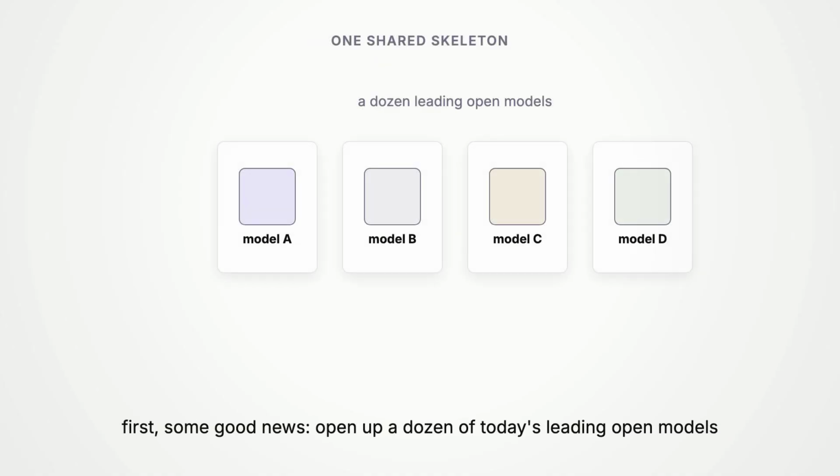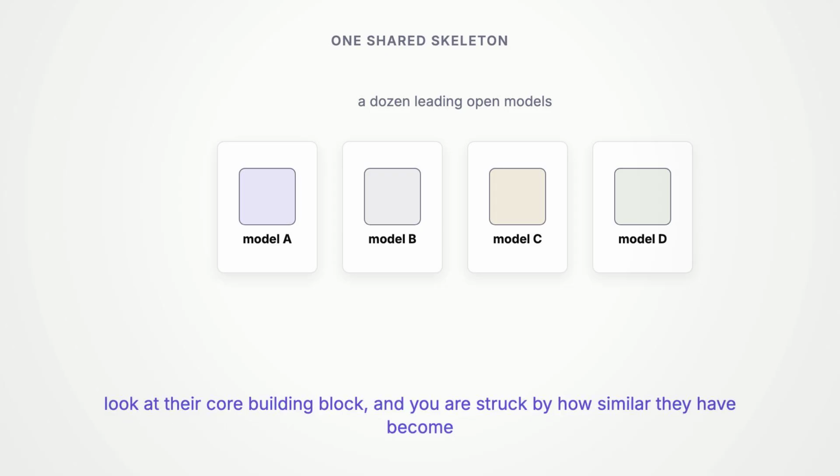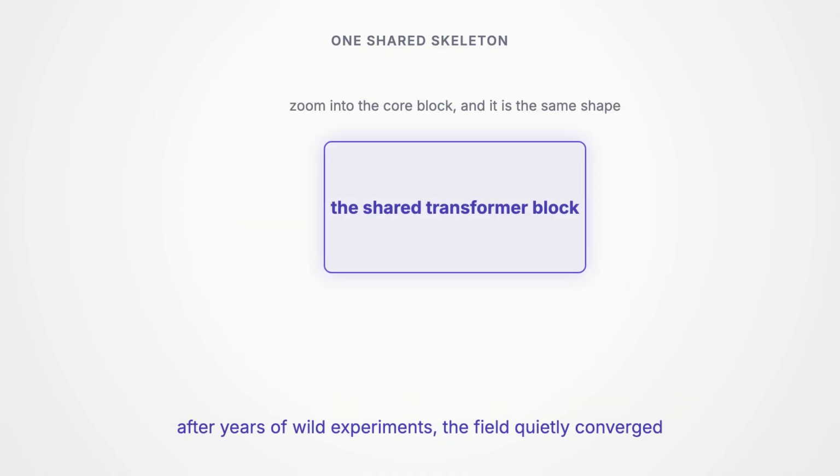Before we find the trick, one quick piece of good news. If you opened up a dozen of today's leading open models and looked at their core building block, you would be struck by how similar they have become. After years of wild experiments, the field quietly converged.